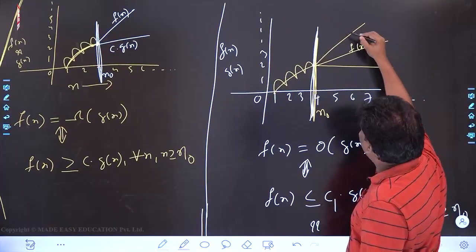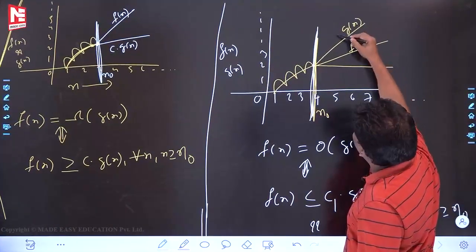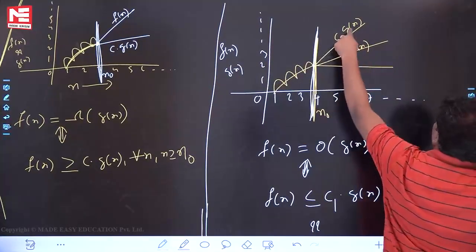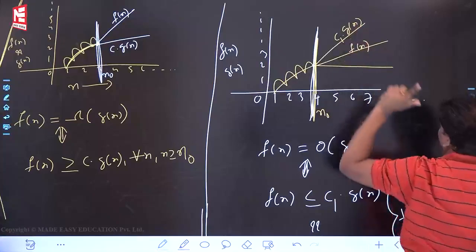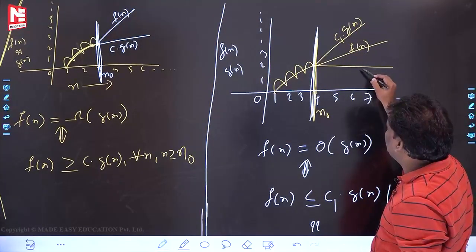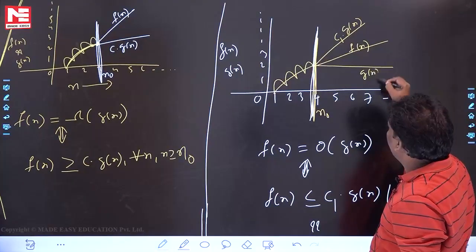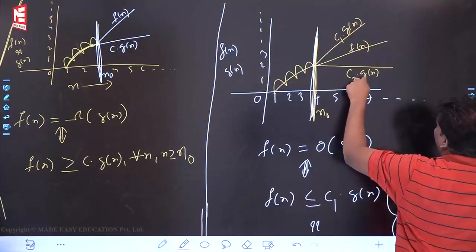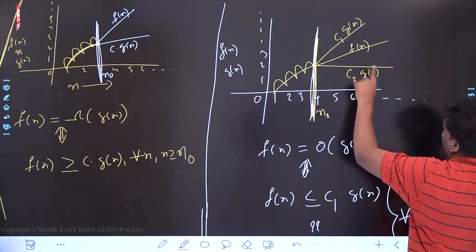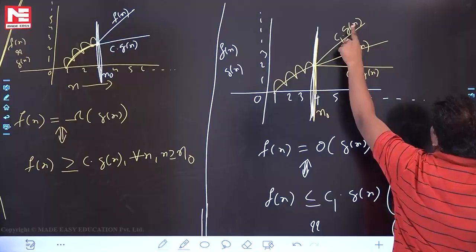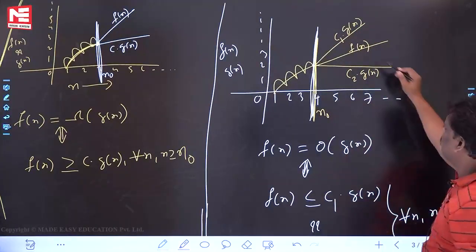Comparing f of n and g of n, g of n is bigger after taking c1 help. Comparing f of n and g of n, what is the answer? f of n is bigger after taking c2 help. By taking c2, I proved that g of n is smaller or equal. By taking c1, I proved that g of n is bigger, right? Comparing with f of n.